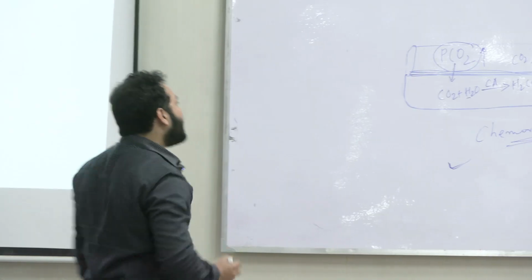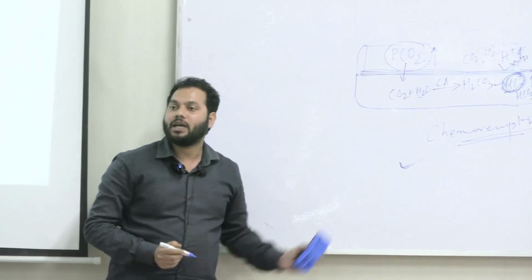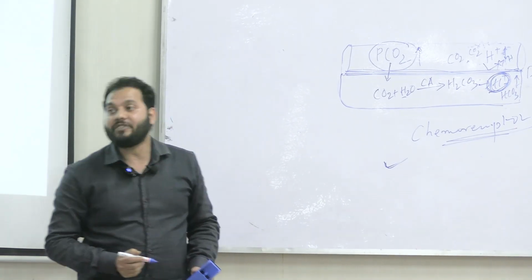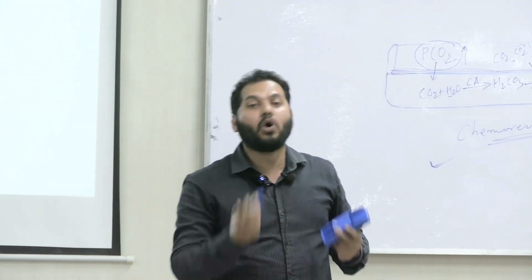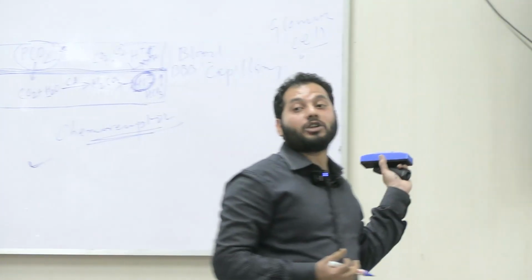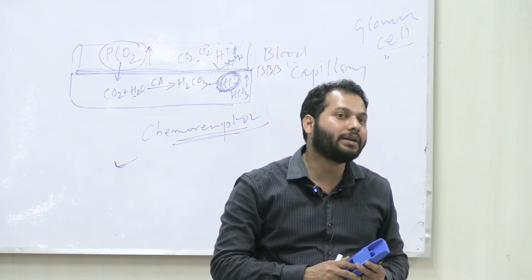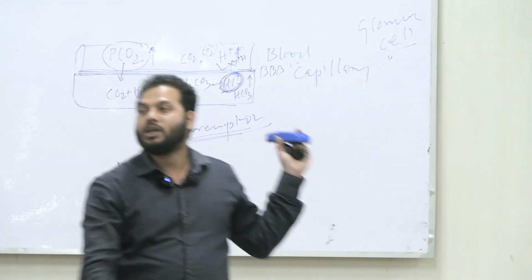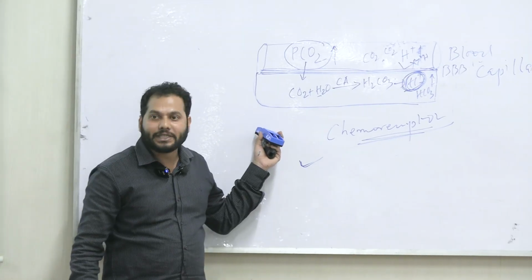Here the ventilation rate means, in this particular condition, the rate of expiration should be more, so that the more amount of carbon dioxide that was present in the CSF will wash out. Right? That was the objective of the regulation, mainly by central chemoreceptors.